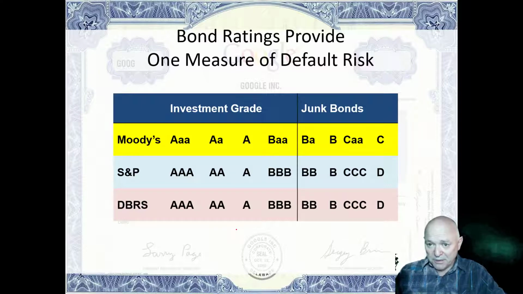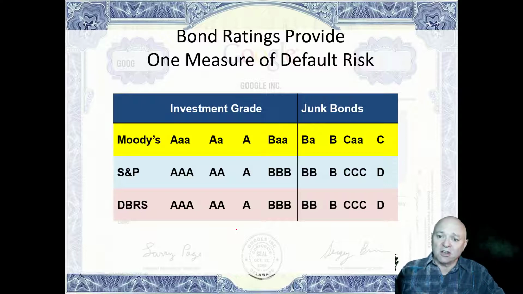Anything below BBB is considered to be a lower grade. It's often called speculative grade. Sometimes it's called high yield. And a very derogatory term you'll never hear a bond salesman use is junk bonds. And that's because if you fall below a BBB into the BB category, certain types of institutions are legally not allowed to invest in those bonds because they're considered to be too risky.